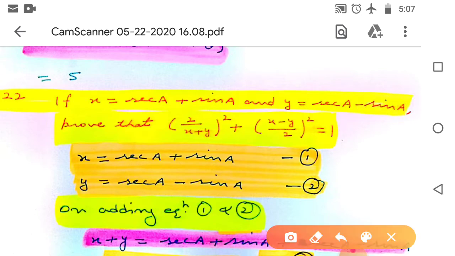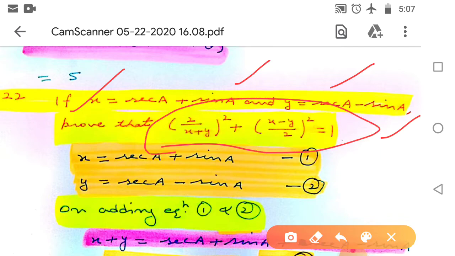Once again, this is your question: the value of x is sec A plus sin A, the value of y is sec A minus sin A. Okay. We need to prove (2 upon x plus y) whole square plus (x minus y upon 2) whole square is equal to 1.